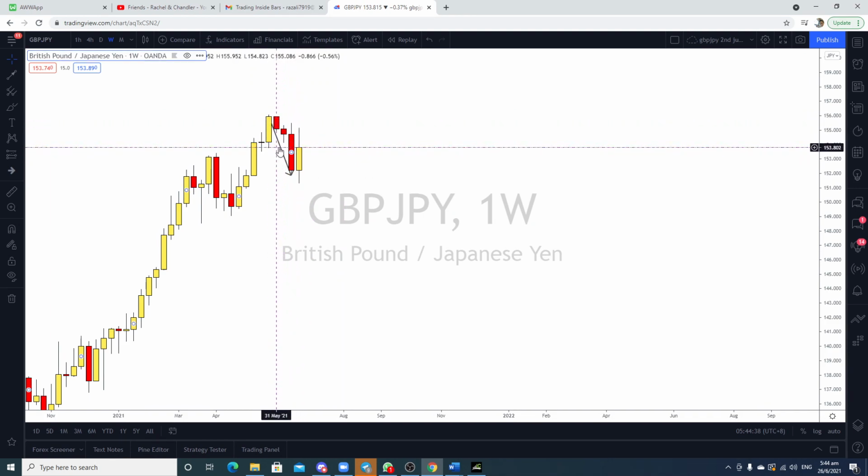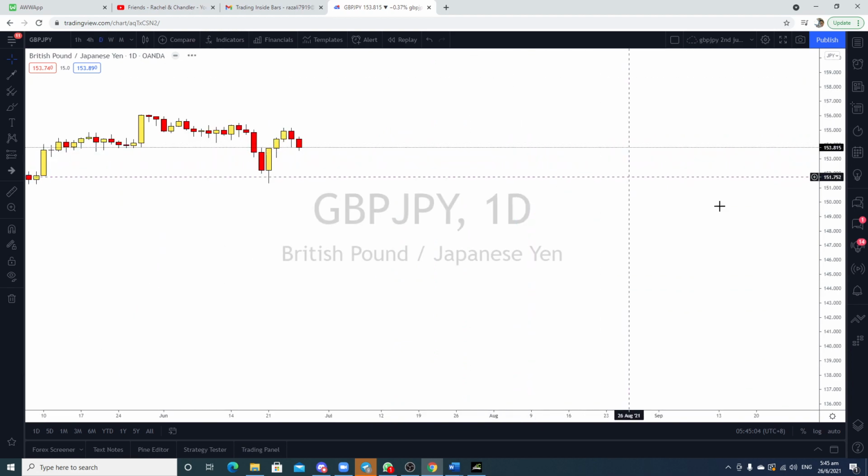If you look at the concluded weekly close here, it is telling me that price retested the previous high, near to the high, but it could not close past the previous week high, nor could it close past the previous weekly open, which is here.